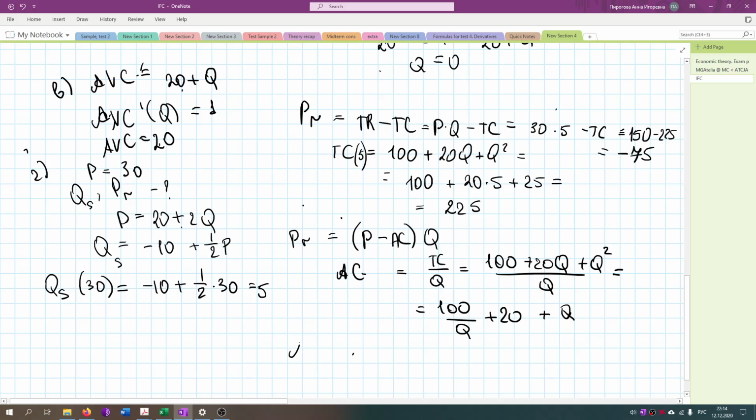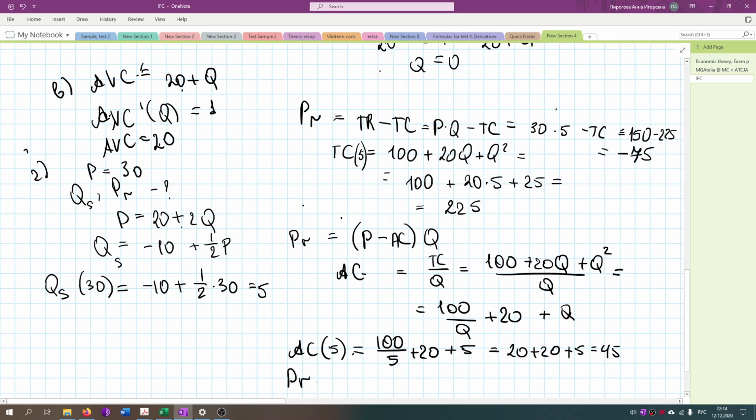And if we compute our average cost, considering that our Q is equal to 5, we will need to put 5 instead of Q. 20 plus 20 plus 5, 45.